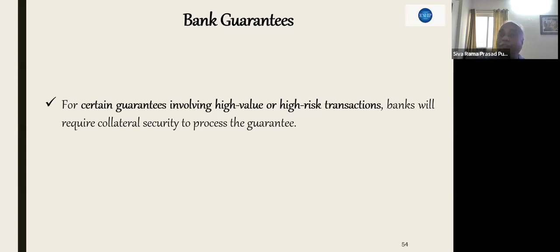And if it is an infrastructure company, thorough knowledge is required of what type of bank guarantee, because each and every guarantee, if required, you have to take from the bank, and once the guarantee is given, then only the stocks or services will the beneficiary provide to you. For certain guarantees involving high value, high risk transactions, the bank requires collateral security also to process the guarantee.